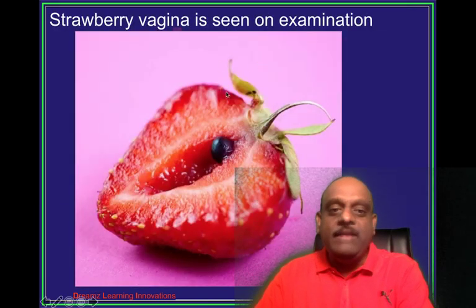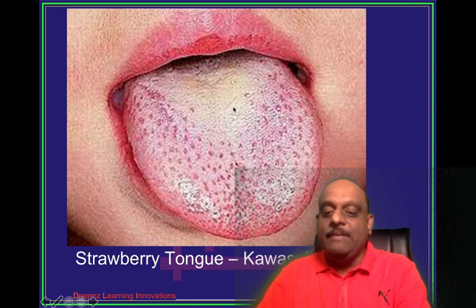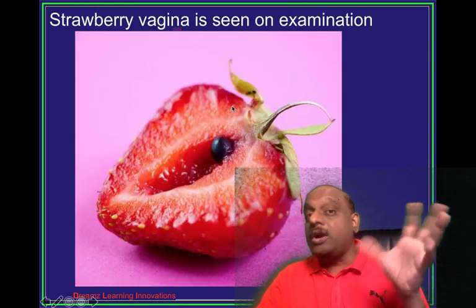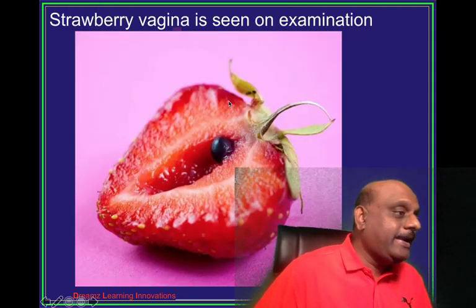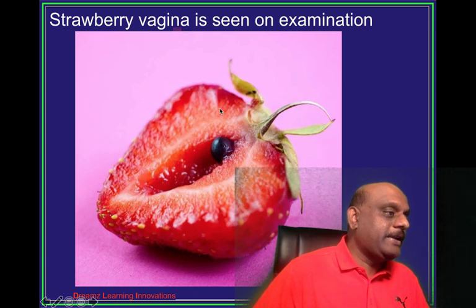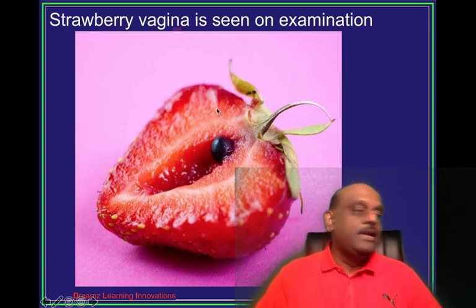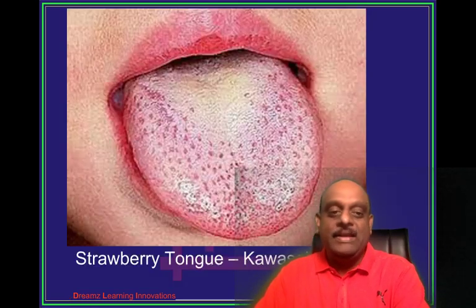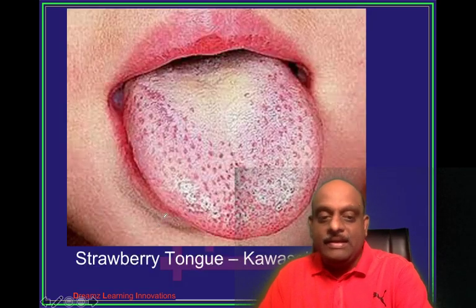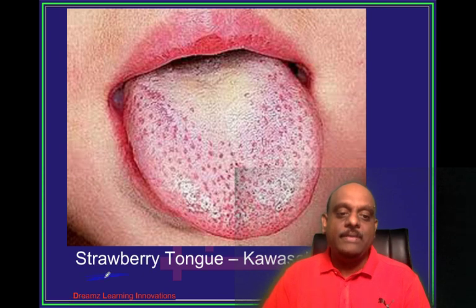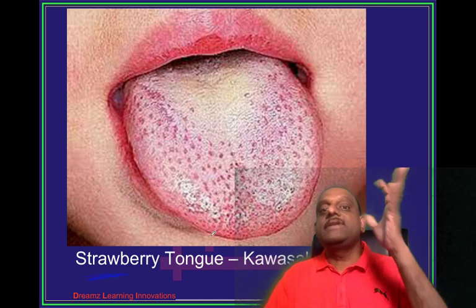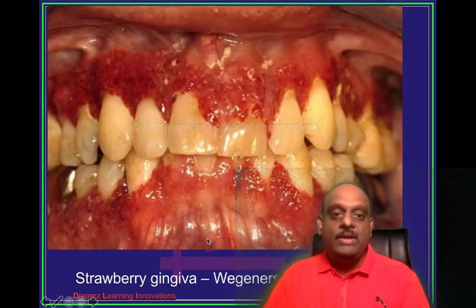So, strawberry vagina typically is seen in trichomoniasis. There are a lot of strawberries in the entire general medicine. You have to be 100% sure of all the places wherever the strawberries are seen. Strawberry tongue, Kawasaki disease you should remember.